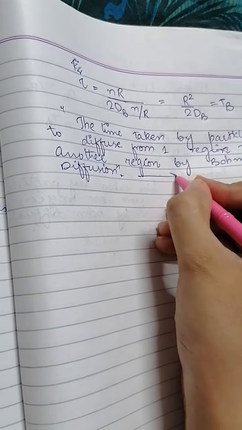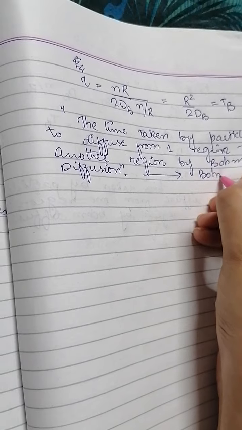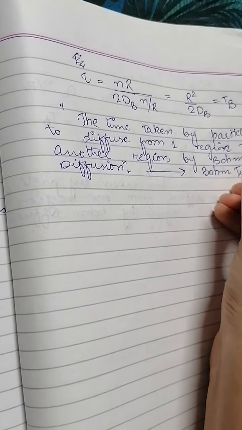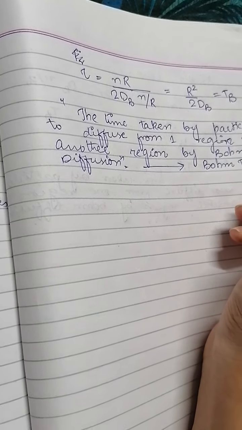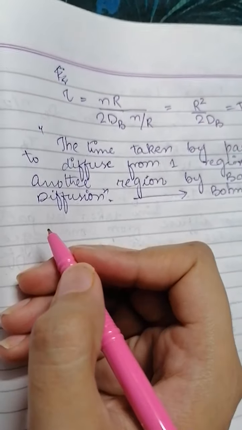This is called Bohm time. The time taken by a particle to diffuse from one region to another region by Bohm diffusion.